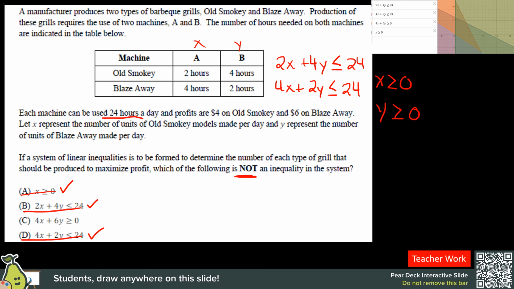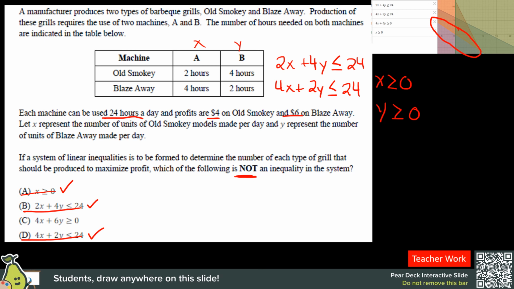So the 4x plus 6y, why is this one not true? And this is the trap here. They give us this extra information of the $4 and the $6. Obviously profits have to be greater than 0. But what happens is if you were to graph this equation, you would end up getting this line here, and this line does nothing to help.